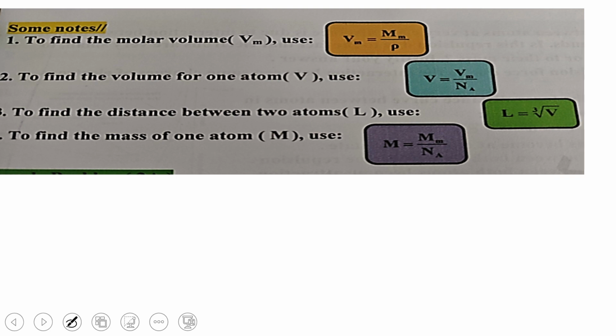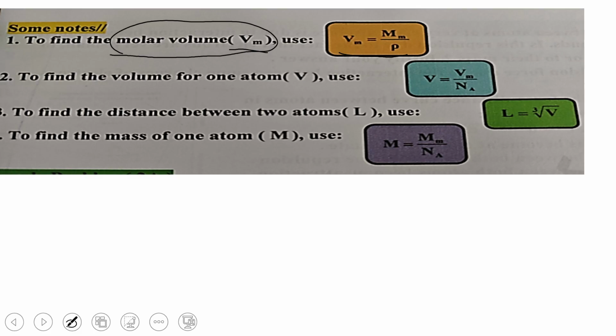First rule, it's written to find the molar volume. Molar volume is called Vm, V capital, M small. This is the rule: Vm is equal to M over rho.